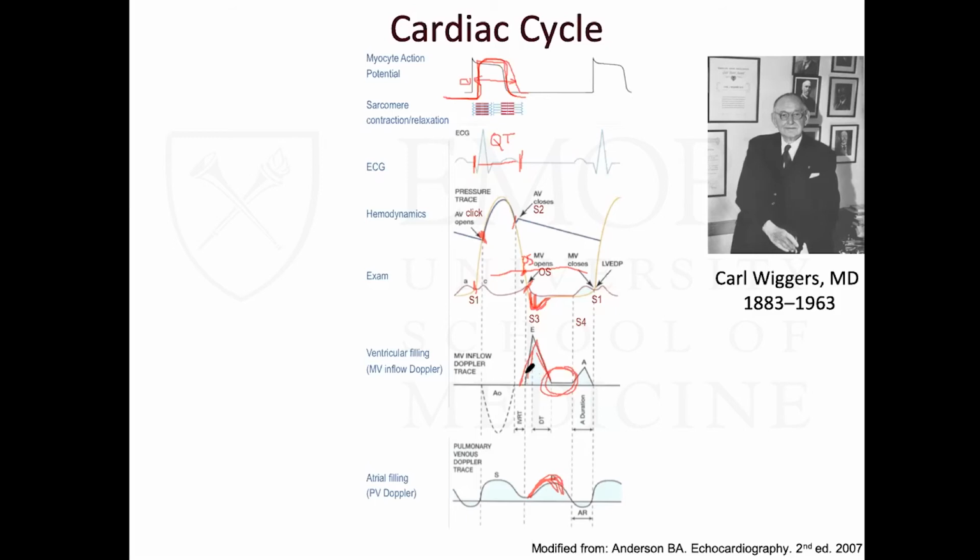So if you ever see a tall E, you can bet there's going to be a tall D. Conversely, if you see a small E with impaired relaxation, for example, you will see a small D. Okay? I won't spend more time on that.